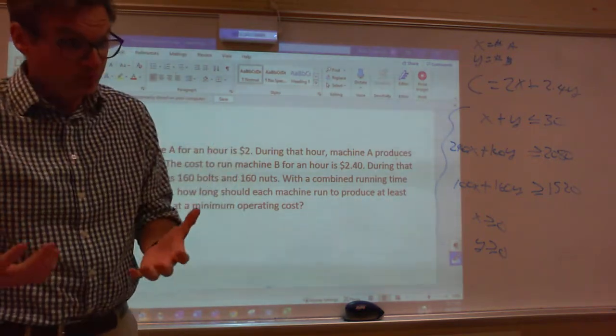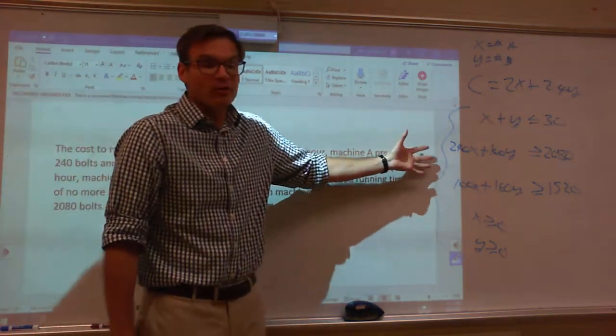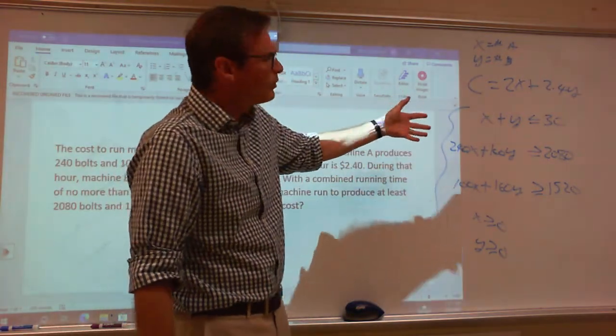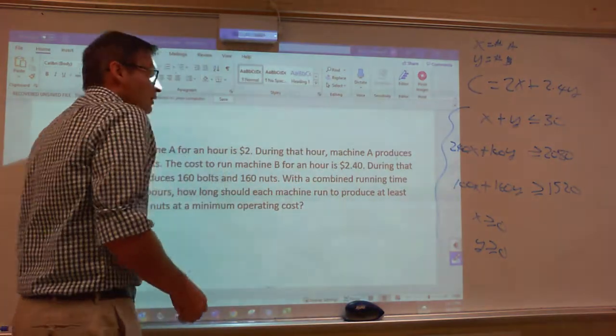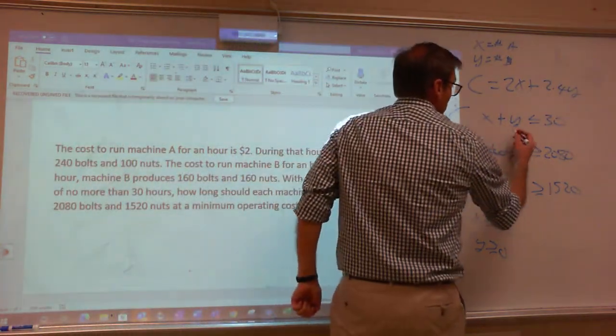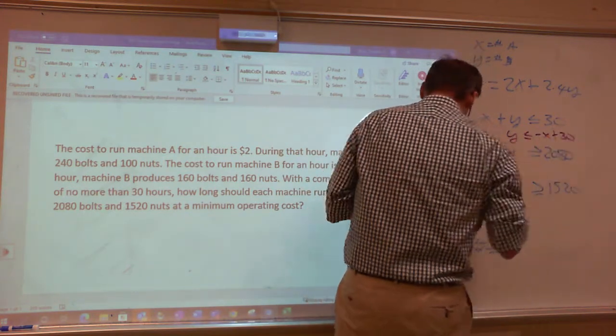Now, to do this problem is the exact same as the previous two. I have to graph all of these. I don't like when I graph lines, I like y by itself. So that's going to make this y is less than or equal to negative x plus 30.